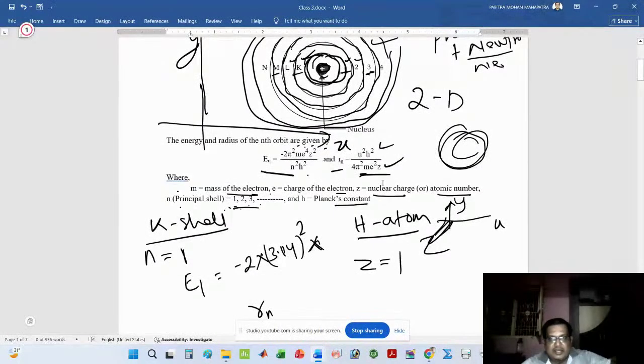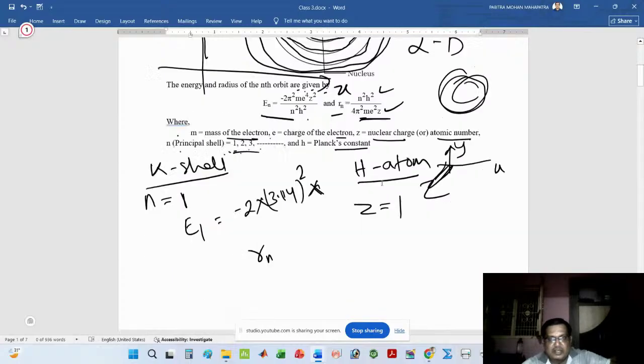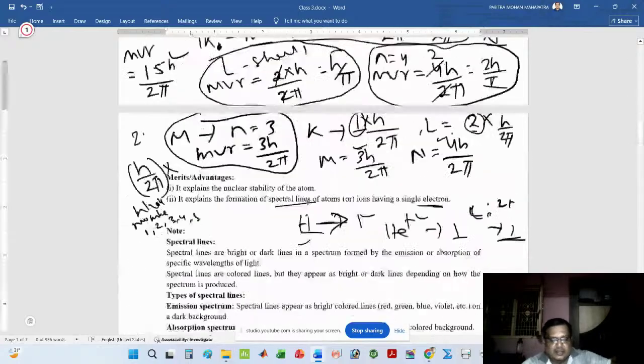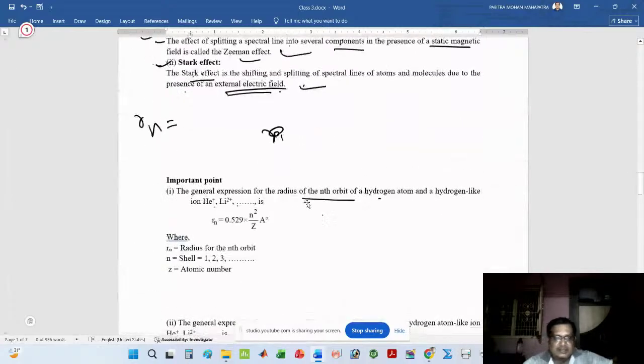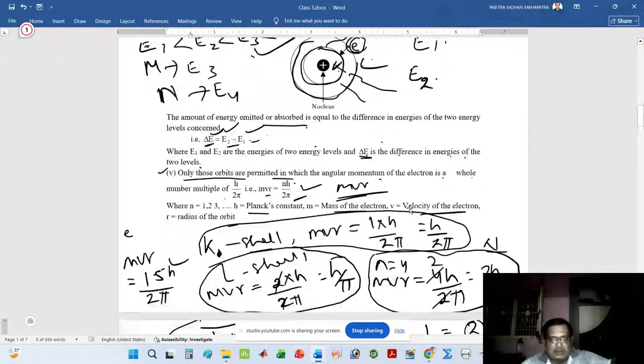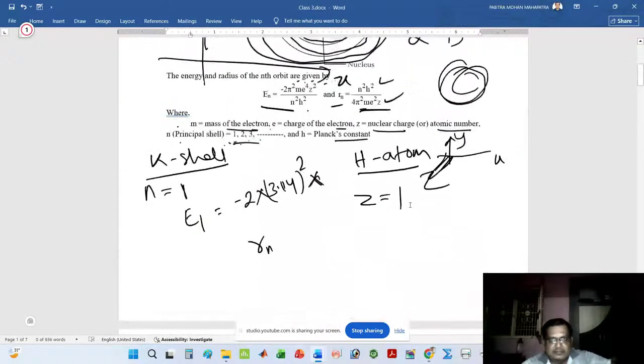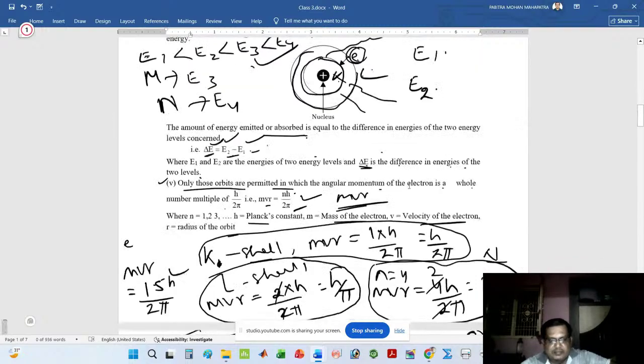Rn is equal to n square h square divided by 4 pi square m e square Z.